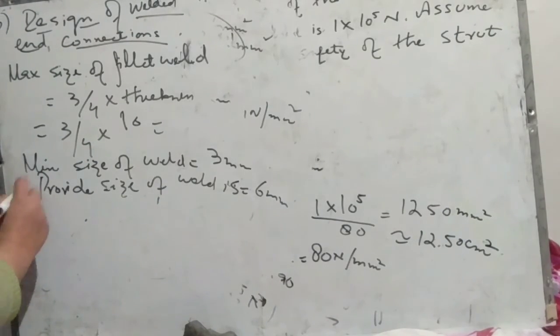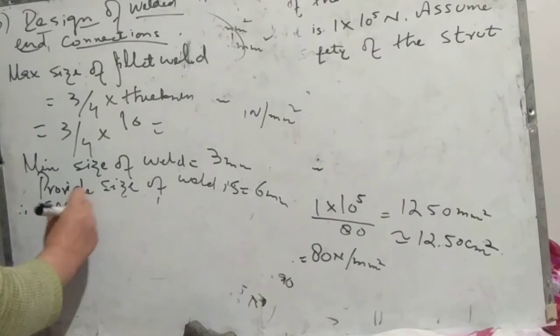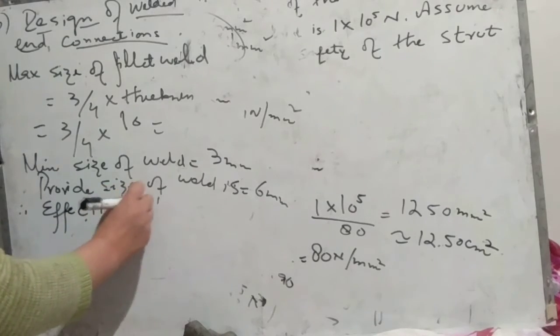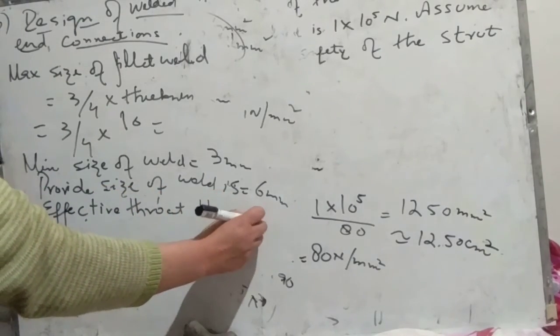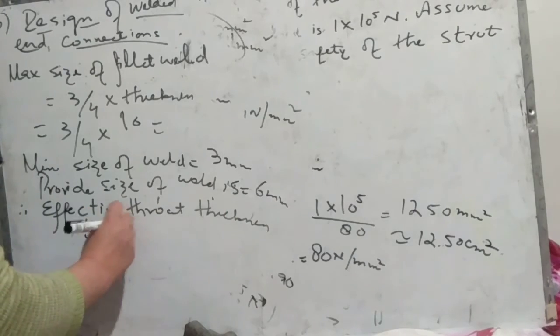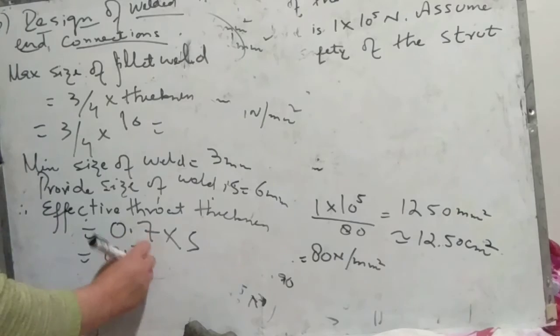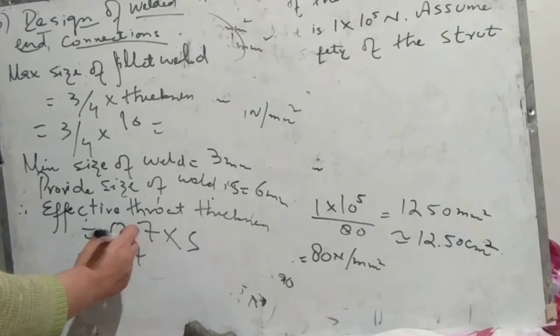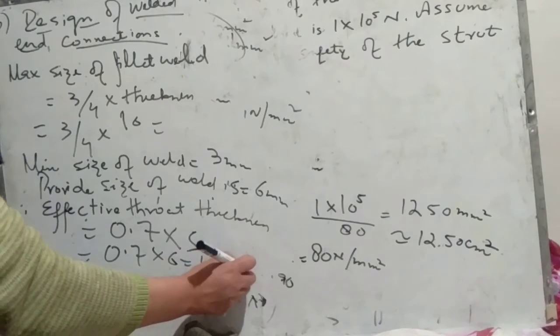Now you have to determine effective throat thickness. To determine the effective throat thickness, you have the formula as 0.7 into size of weld. 0.7, size of the weld is 6. It will come out as 4.2 mm.